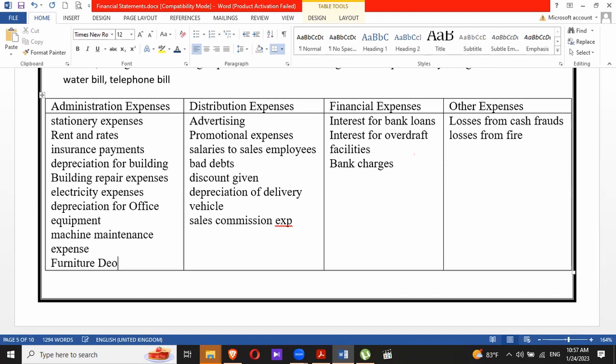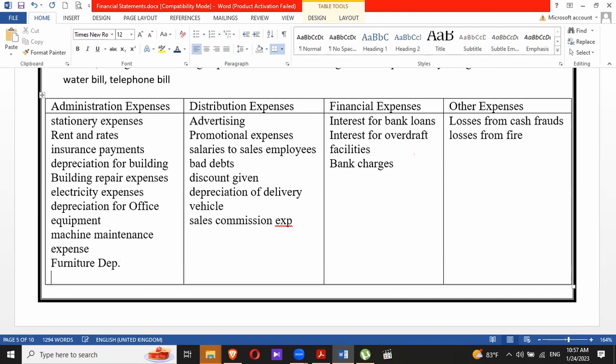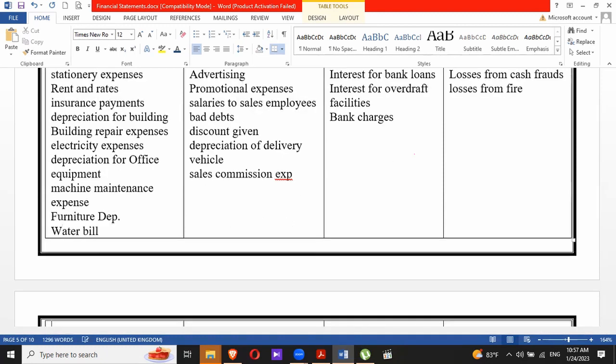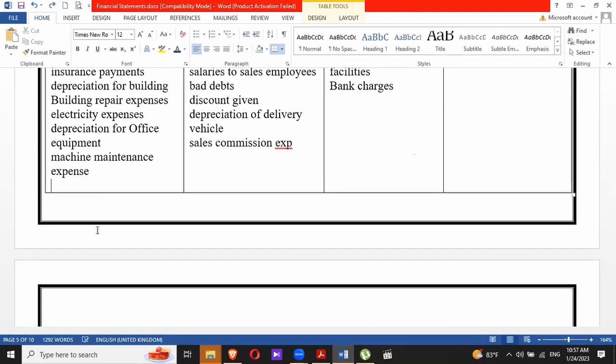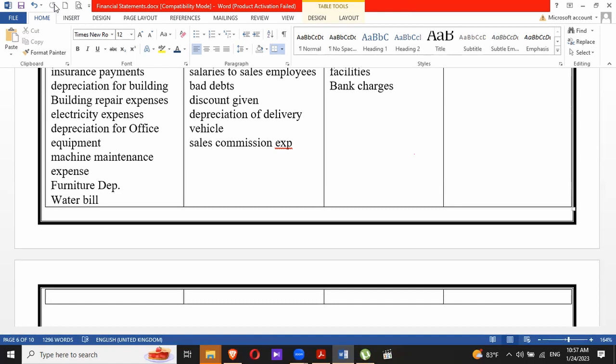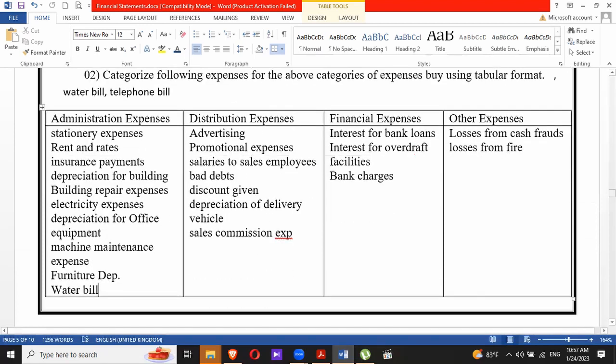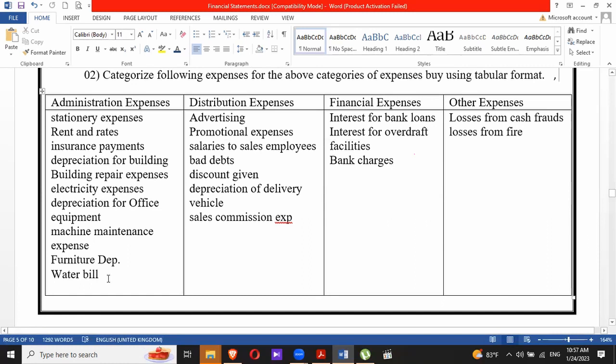And the next one, water bill and telephone bill also come under administration because those are general administration purpose expenses, right? Water bill and the last one, I think electricity bill, right? Yes, telephone bill. That also comes under administration. Please check your answer. Last one, telephone bill.